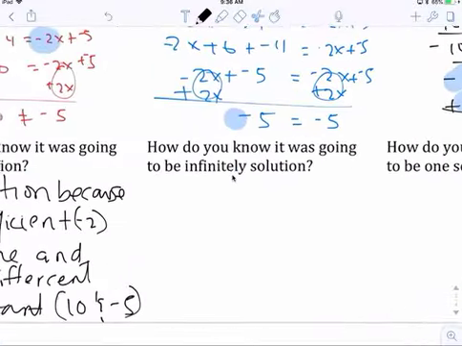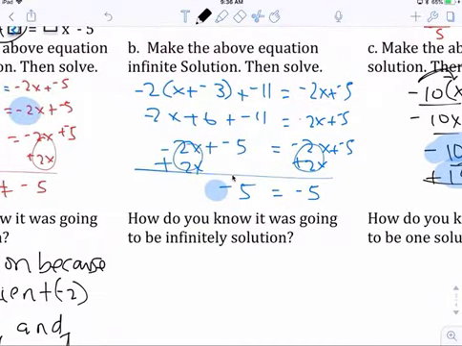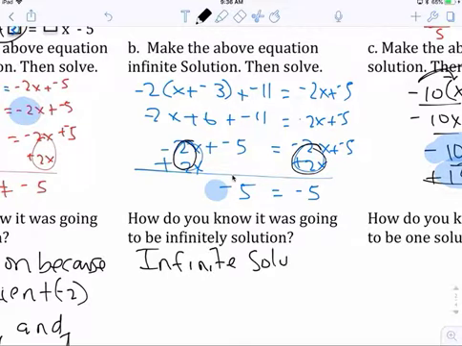This one is infinite because the coefficients are the same. Infinite solution, because a lot of you don't write this, which I don't like.